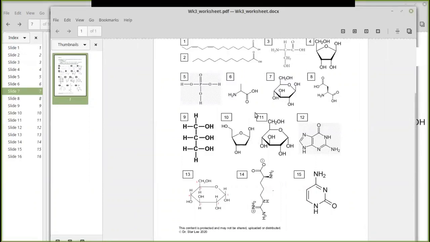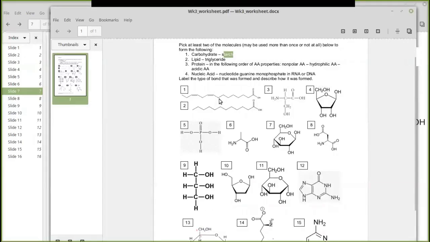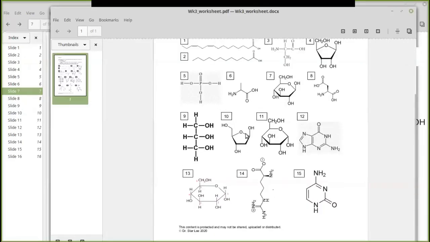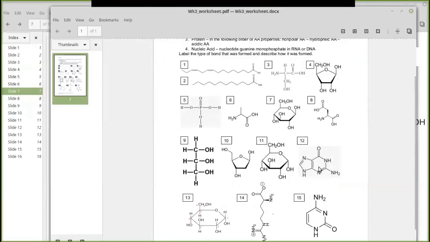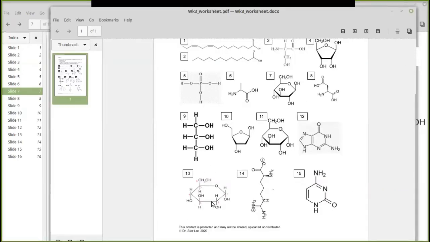Let's look at 11. Do you see 11 anywhere else on this worksheet? Keep in mind, sometimes molecules are represented slightly differently. Which one would be identical to 11 here? How about this one? Does this look identical to you?